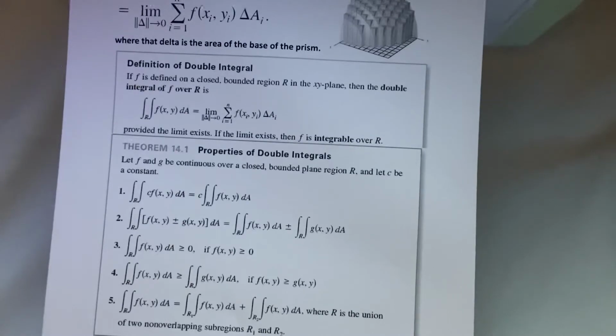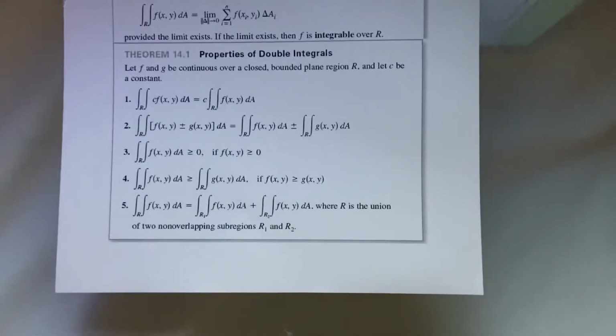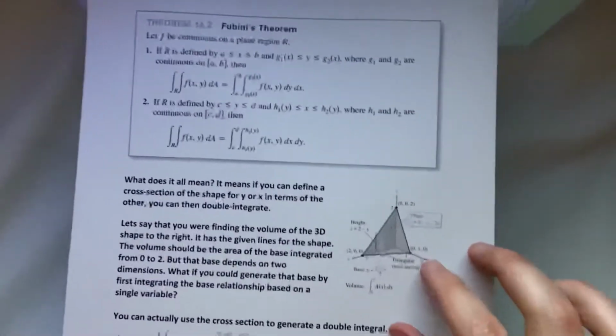And if you split your region into two pieces, the volume of the whole and the sum of the split regions should be the same. So the same general rules we had previously in 2 dimensions.